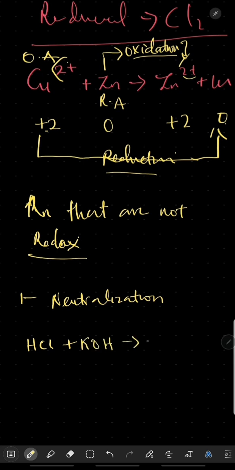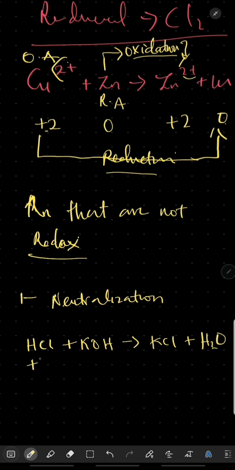Here they will form KCl plus H2O. Now the question is, why did I say that it is not a redox reaction? In any reaction that is not redox, the oxidation number will remain the same. It will not change.